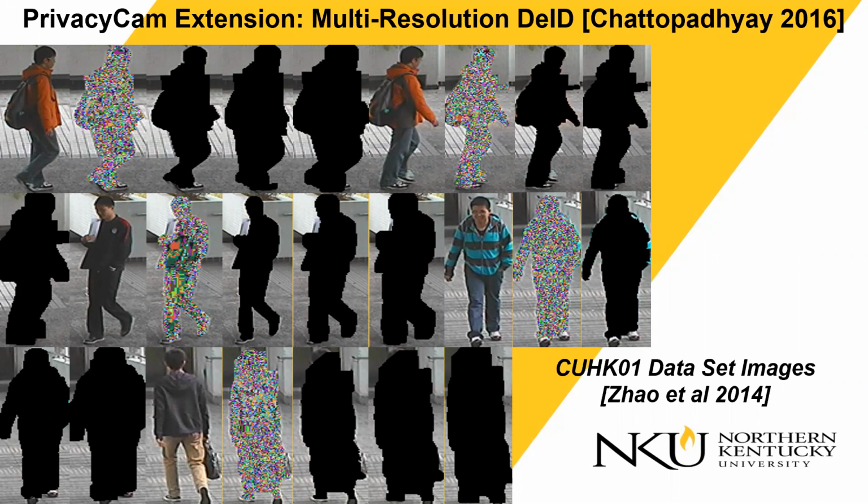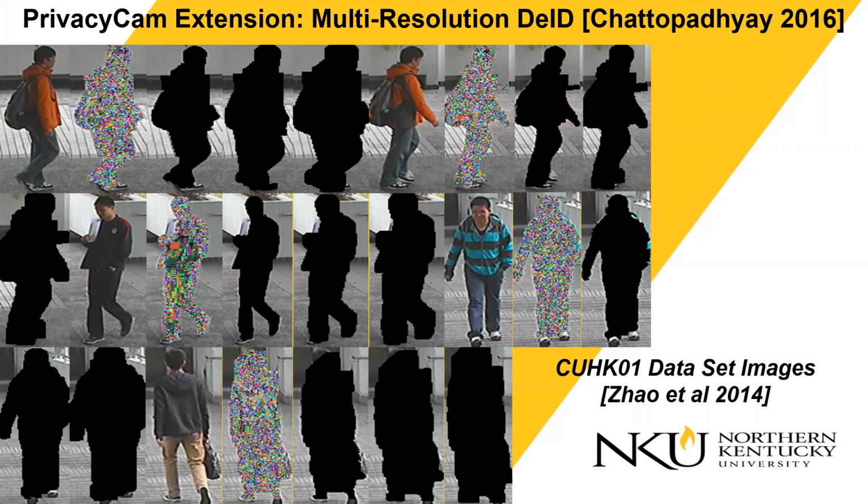This actually applies multi-resolution, that means discrete wavelet transforms, in terms of its processing. And as seen in the pictures, just like we saw in the earlier pictures, I'm again using the CUHK01 dataset images from Zhao et al.'s 2014 work. And I've applied the Privacy Cam Extension filter on this one. And as you can see in these images, we can see how the privacy enhanced images look.